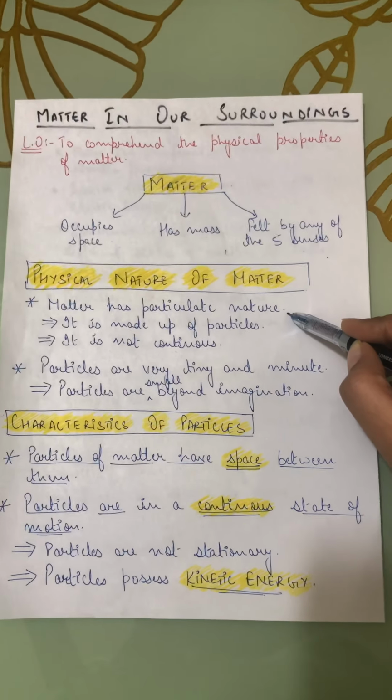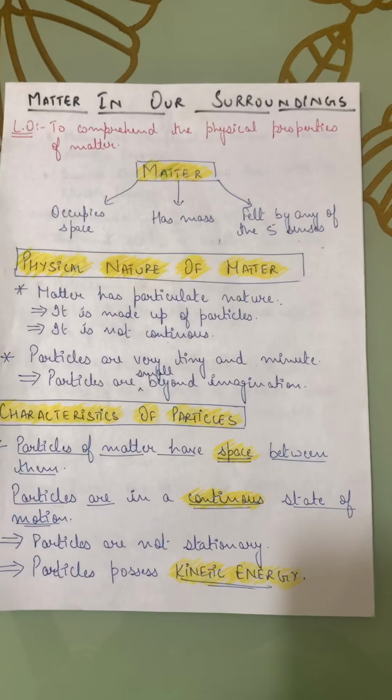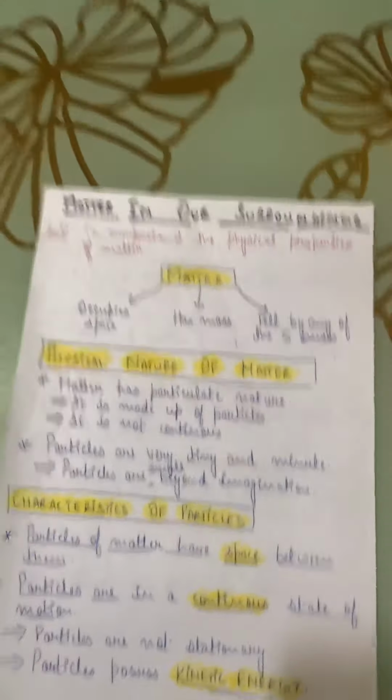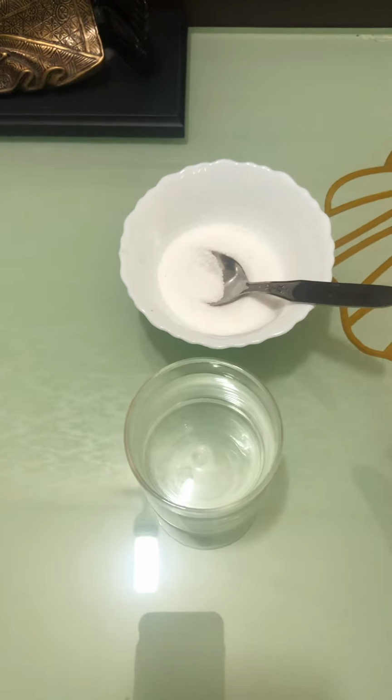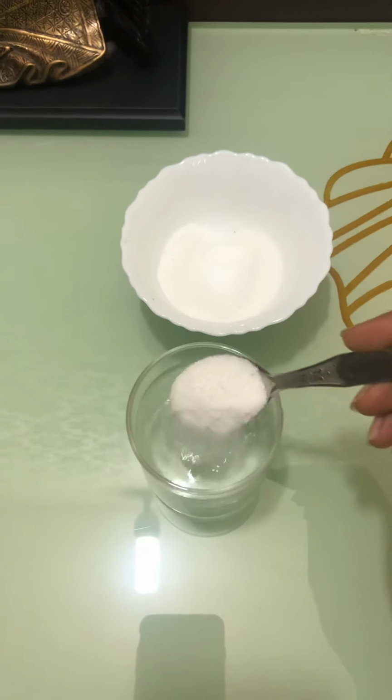Now how can we prove this? Through an activity. We will do a simple activity to show that matter is made up of particles. For this we need a glass of water. You can see here I have a glass of water. Now to this glass of water I will add a spoonful of salt.